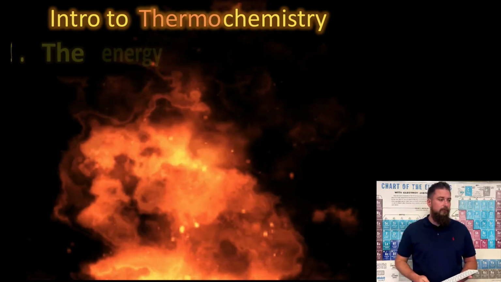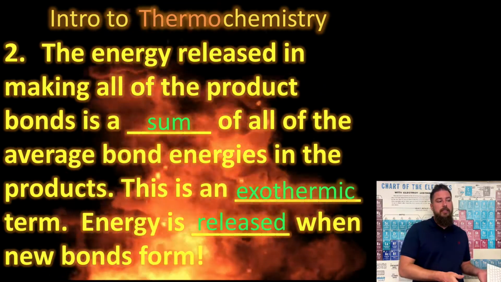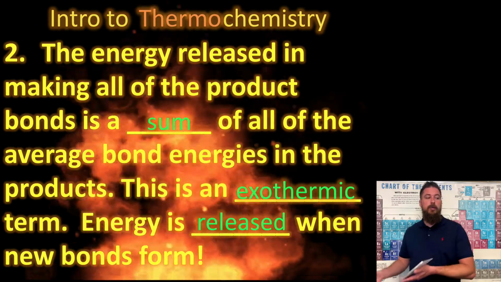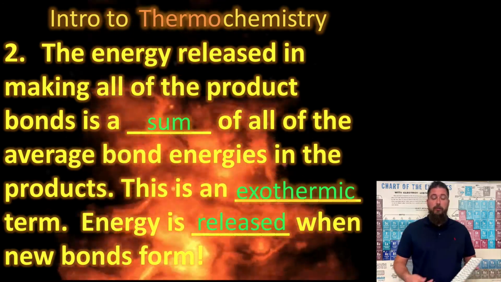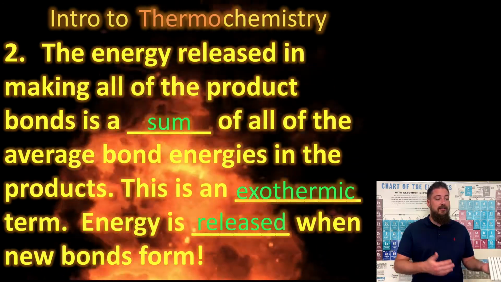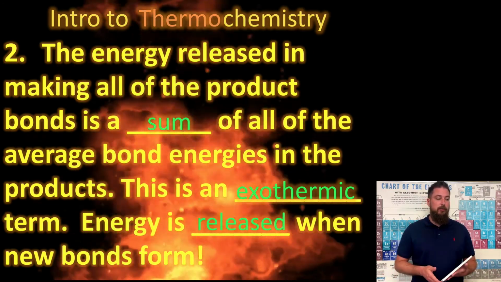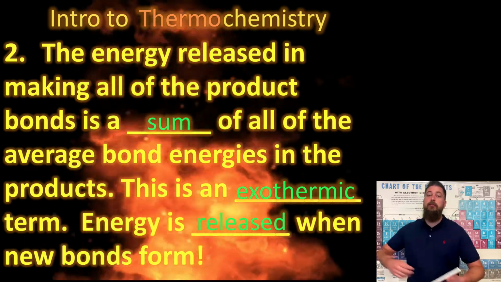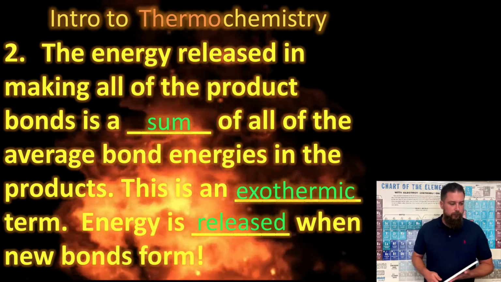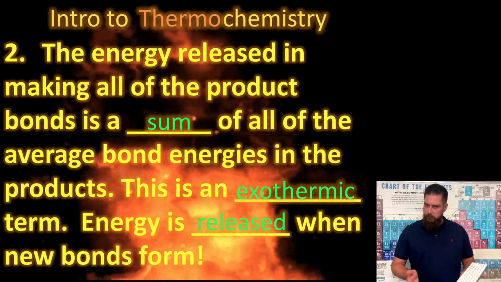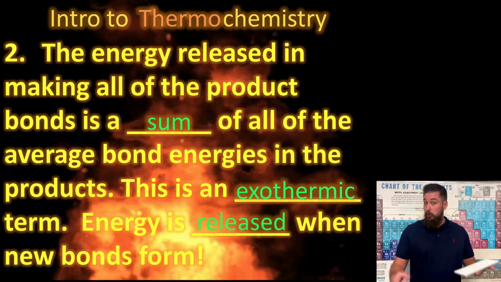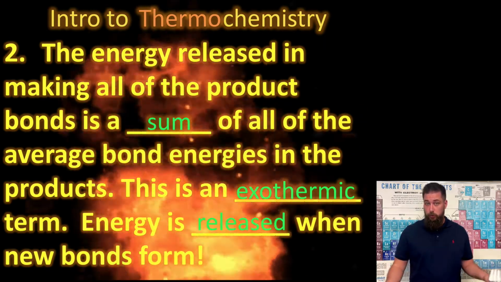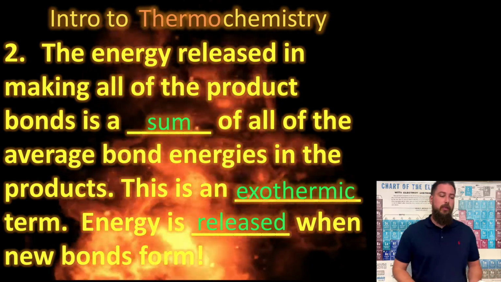Now, the energy released in making all the bonds in the products is a sum of all the average bond energies, and this is an exothermic process. So energy is being released when bonds are formed, and so this is really important. Energy is being absorbed when bonds are broken. Energy is being released when bonds are formed.